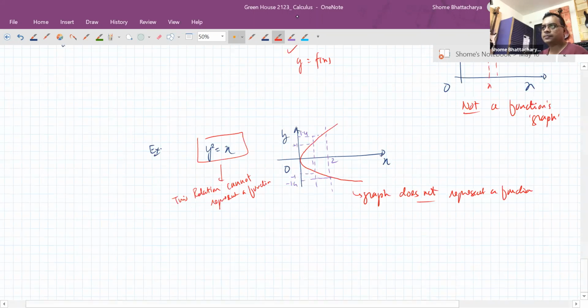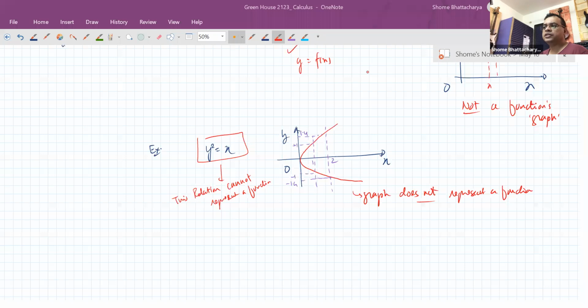Student: Sir, this fourth graph I have not understood. Fourth example, y square equals x. This relation cannot represent a function. Why is that? See the graph. For any value of x, I'm getting two values of y.